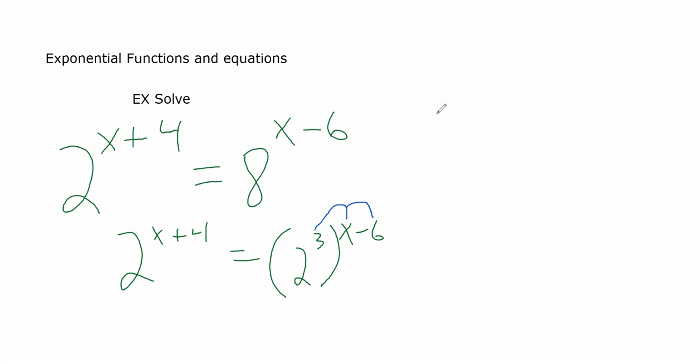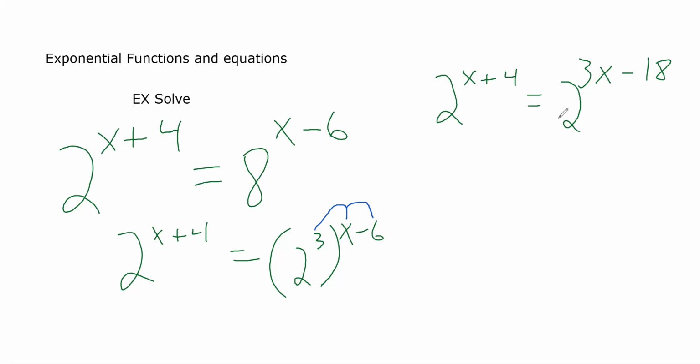So our next line then is 2 to the x plus 4 power equals 2 to the 3x minus 18 power. And now, bada bing, bada boom, we have exactly what we want in that we have an exponential equation.